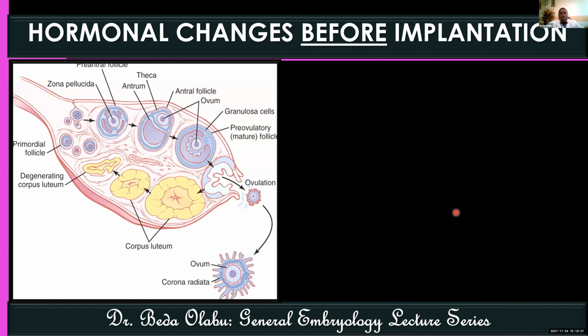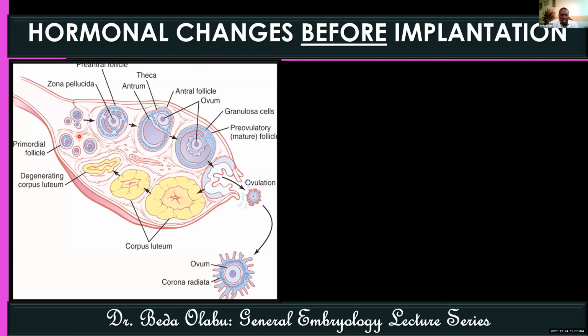Before we look at those hormonal changes, let's understand some of the hormonal changes that occur before implantation. Start from the ovary. Follicle stimulating hormone stimulates the ovary so that we have follicular development.